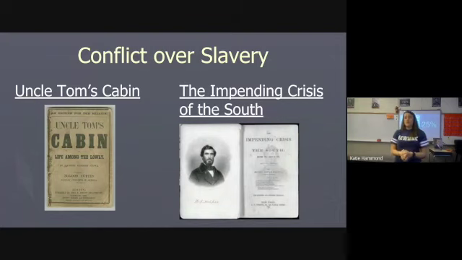Hinton R. Helper was a white male from North Carolina, and he wrote a book. It's not a novel. It is an argument, a scholarly argument called The Impending Crisis of the South. He basically said that slavery is bad economically, because the people who suffer the most from slavery are the poor white men.